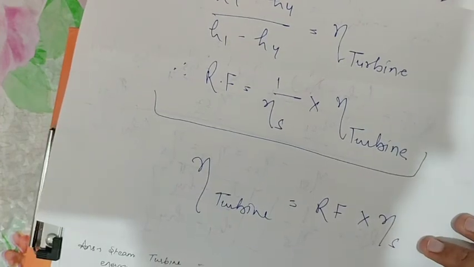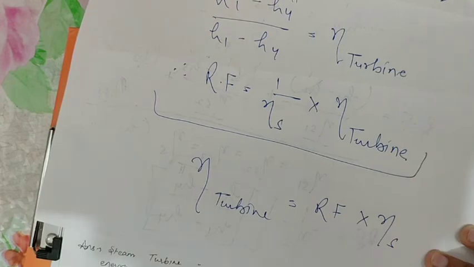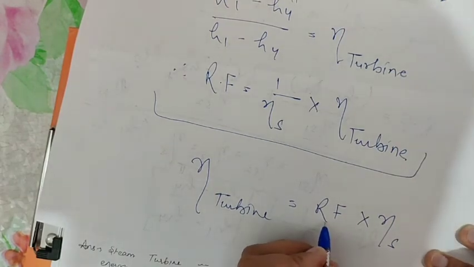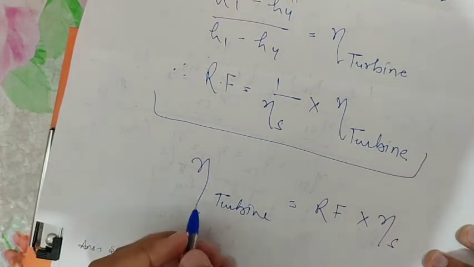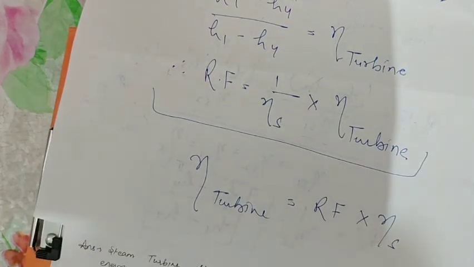It means that if RF is 1, then eta S is equals to eta turbine. Efficiency of turbine is equals to efficiency of stage.